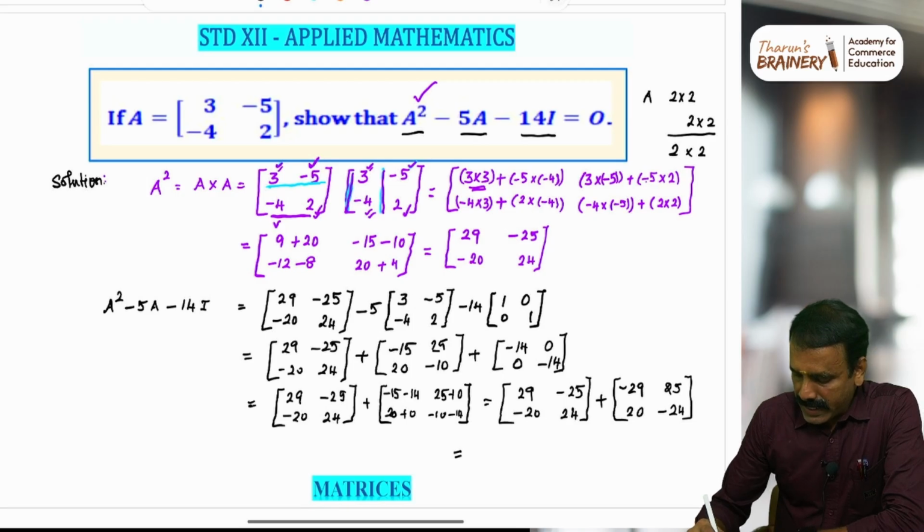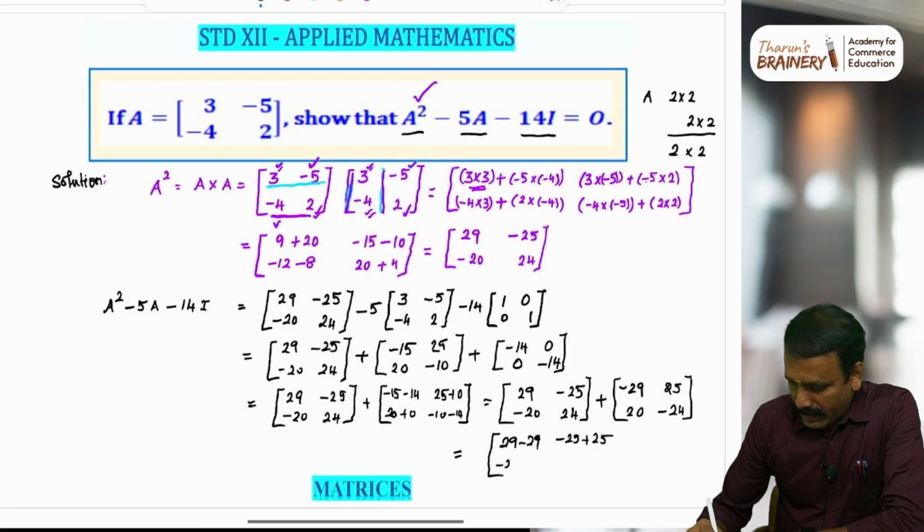Now we are going to add these two matrices. 29 minus 29. Minus 25 plus 25. Minus 20 plus 20. Plus 24 minus 24. And you can very well see that all the elements are cancelled. So it is going to be 0, 0, 0, 0.